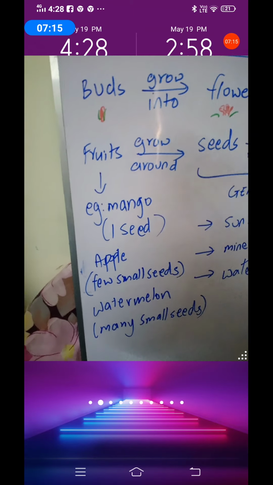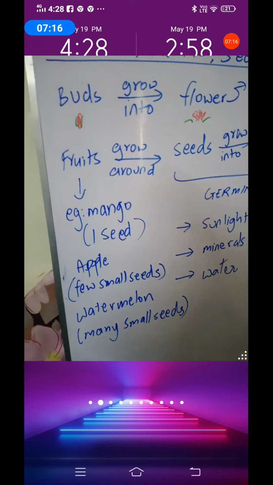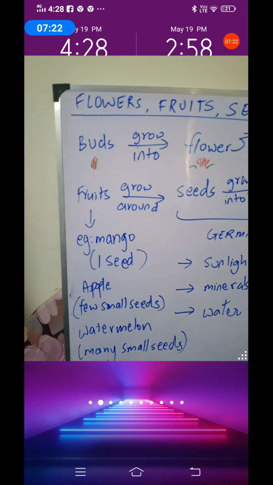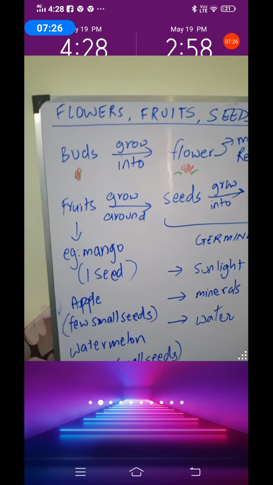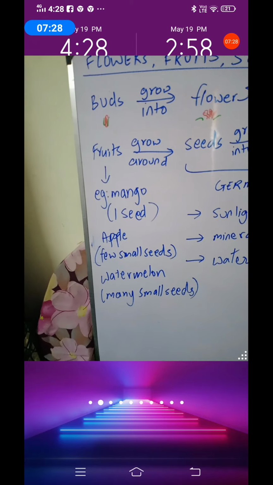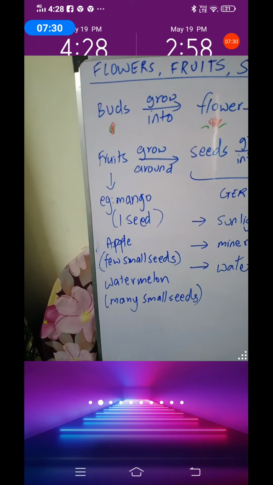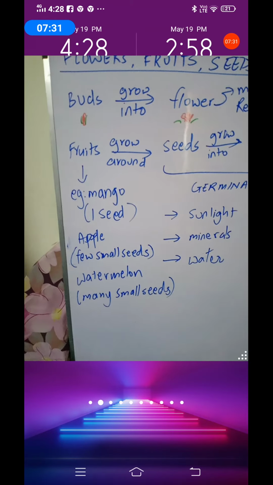There is a seed and mango flesh is around that seed. So fruits grow around seeds. Alright. Seeds in turn grow into new plant. Seeds grow into new plant.